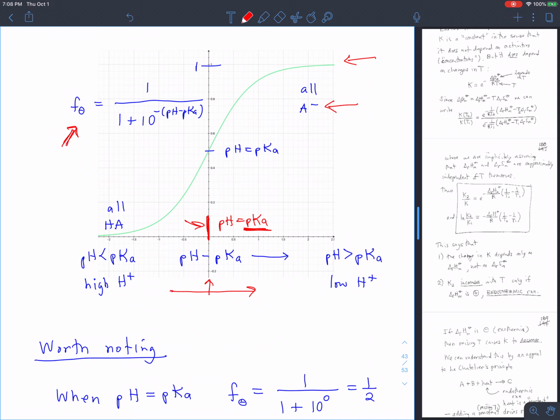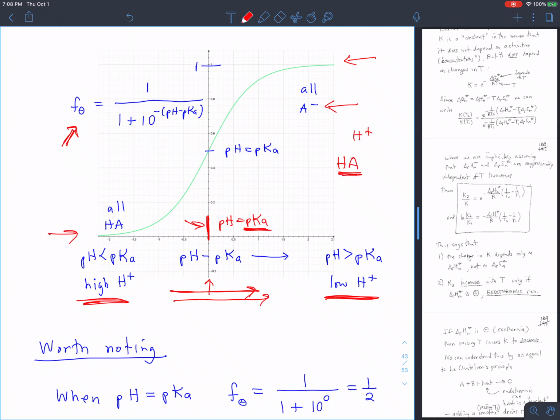Then as we're raising the pH, which means we're going from high H plus concentration, so stronger acid concentration, to more dilute acid concentration. In other words, as we're lowering the H plus concentration, we're deprotonating the acid, right? If I have a lot of H plus in solution, then I'm going to have mostly HA.